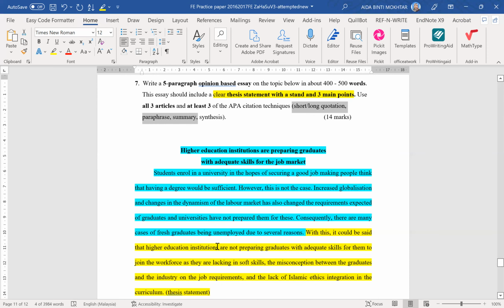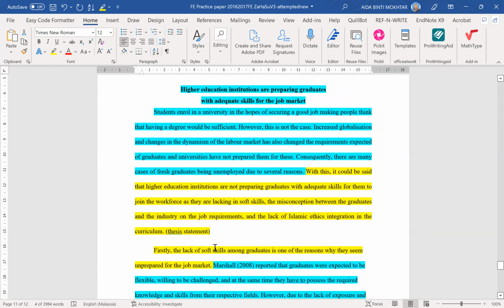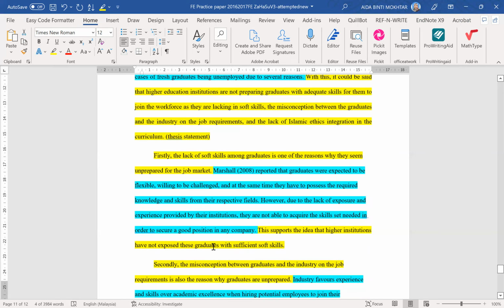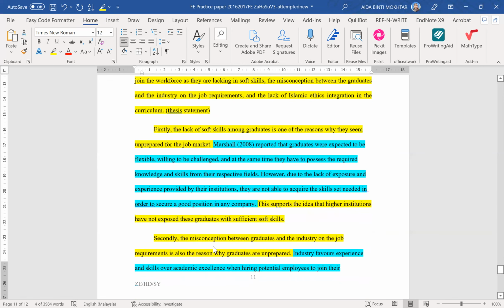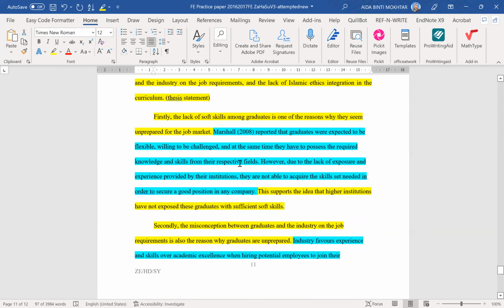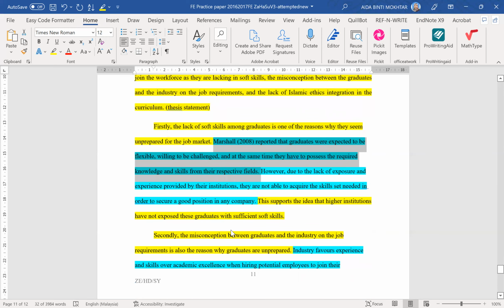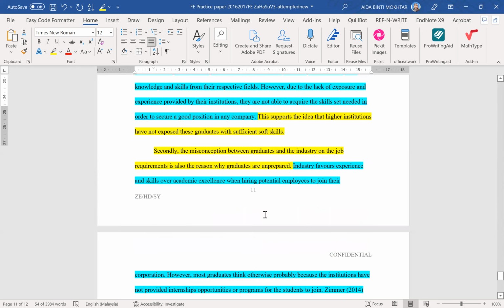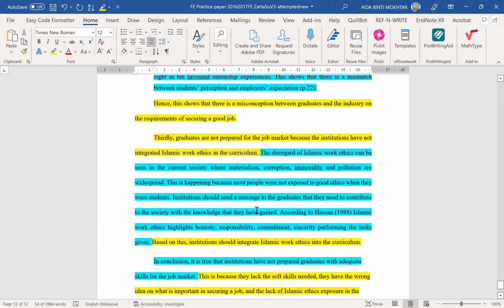There are some indications of paraphrasing and summarizing happening, because you make the different content brief. So this would be a long quote, right? And I would think that Marshall reported this would be more of a paraphrasing technique. And then the whole summarization could be you summarizing in the thesis statement. That could be the idea of summarizing happening.